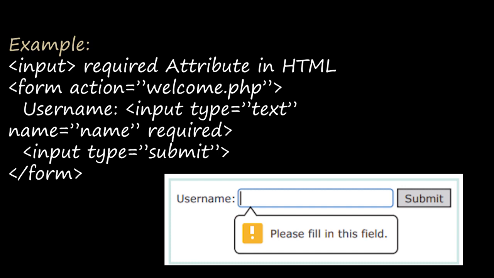So if a field is compulsory, we can give it the required attribute. With the required attribute, it will notify you to fill this column before you can move to the next one, right? You are clear about these forms.